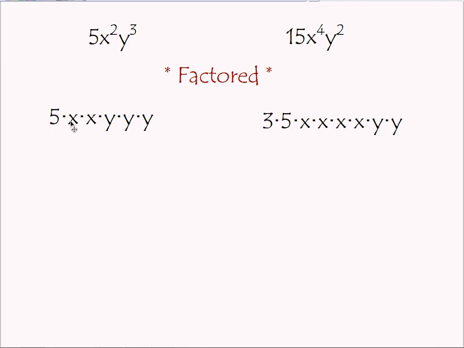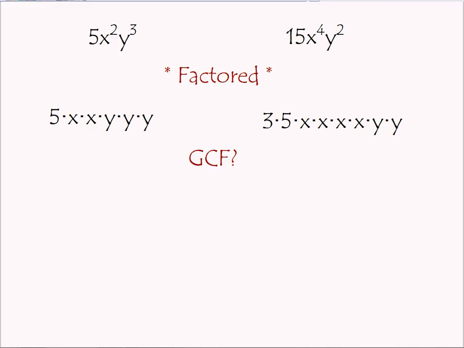X squared is x times x, and y to the third is y times y times y. 15 can be broken down into 3 times 5. Those are both prime numbers. X to the fourth is x times x times x times x, and y squared is y times y. So I broke both of those down into their prime factorization.